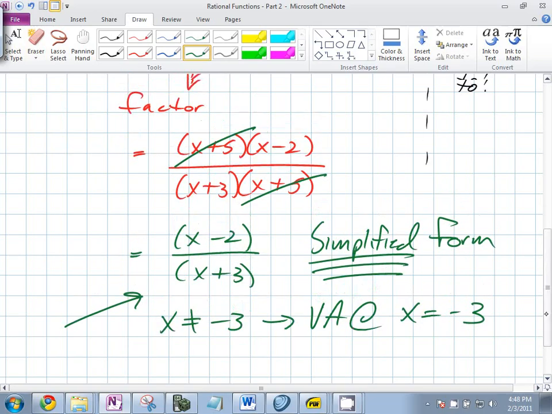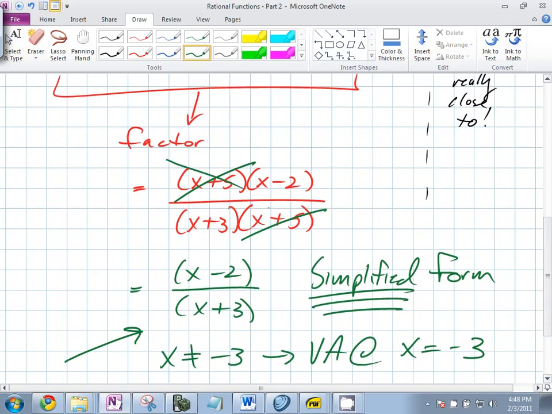Look at the term we crossed out. We crossed out the x plus 5s. What was the domain if we hadn't crossed out the x plus 5? The domain of the original function, which is the domain of the function we started with, x can't be negative 3. It also can't be negative 5. What's going on here is that the top and bottom, that behavior was canceled out of the top and bottom.